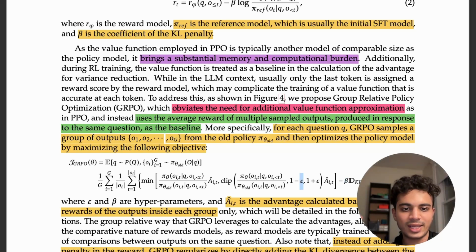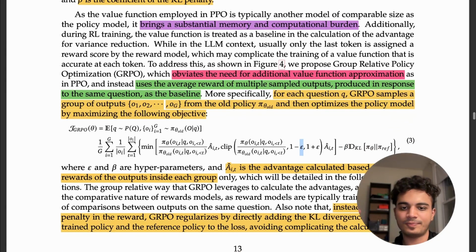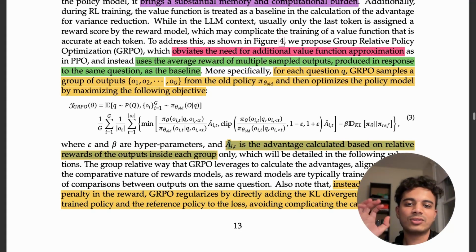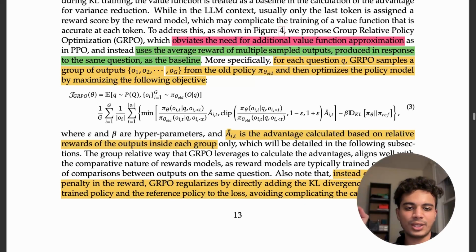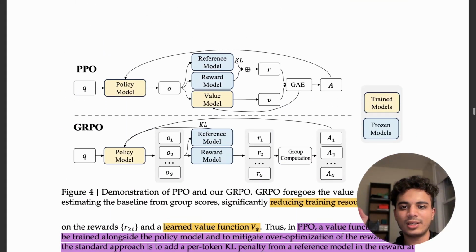And epsilon is again the clipping hyperparameter. A hat i,t is the advantage calculated based on the relative rewards of the outputs inside each group. Fine. So inside each group only, which will be detailed in the subsequent arguments that they're making. But for now, it's okay to know that they're eradicating this entire value model.